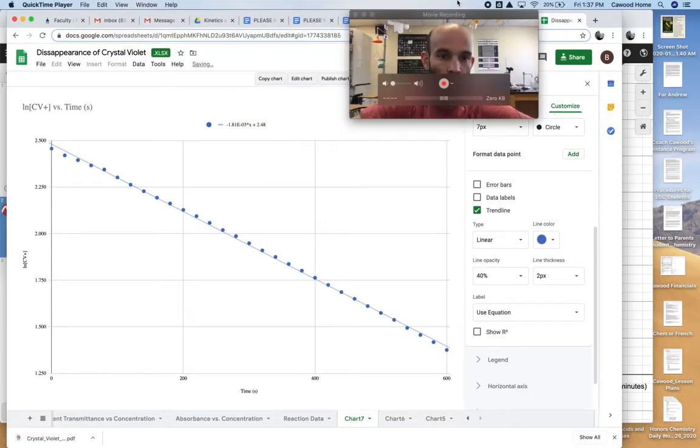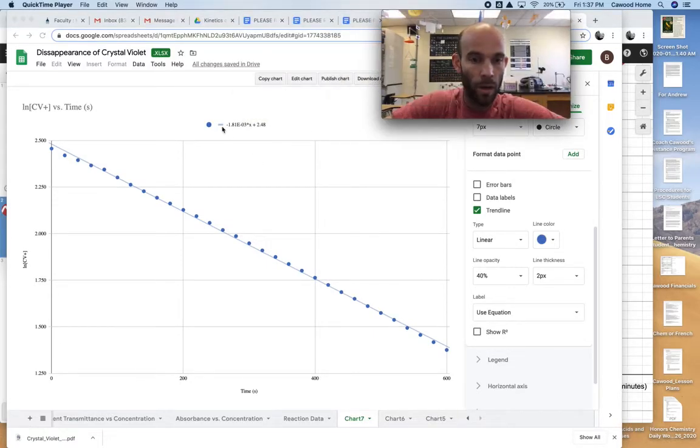Okay, so its equation is up here. y equals negative 1.81 times 10 to the negative 3 x plus 2.48. That right there is the integrated rate law for a first order reactant, where y is the natural logarithm of concentration and x is time, and the slope is the pseudo rate constant.